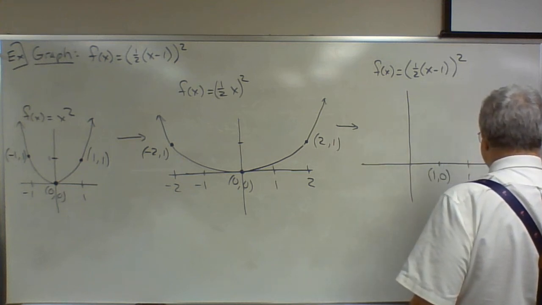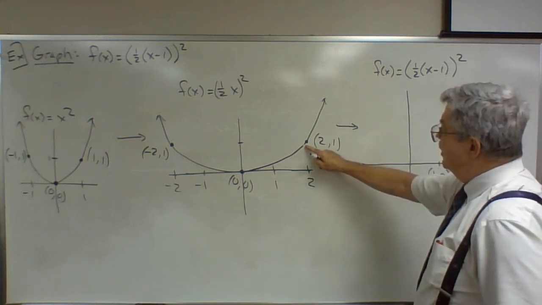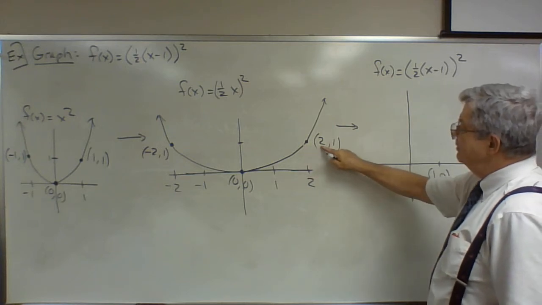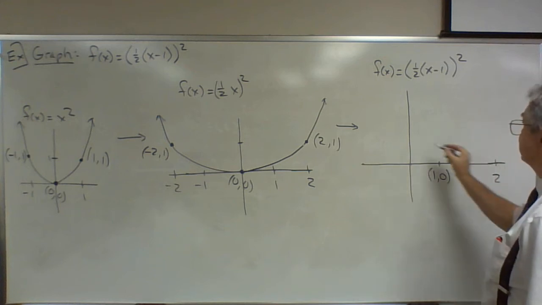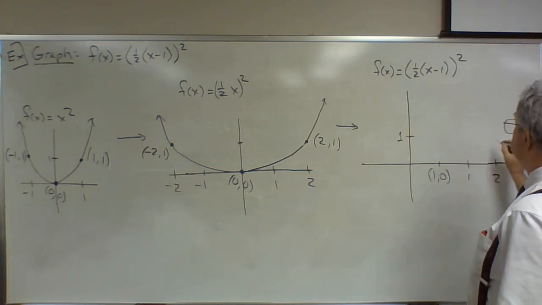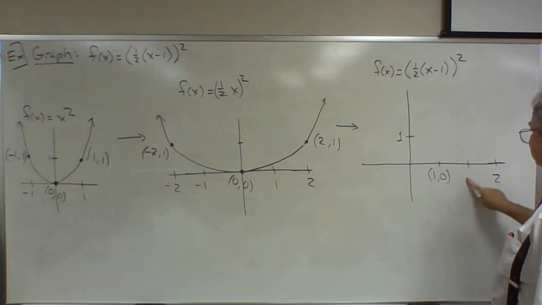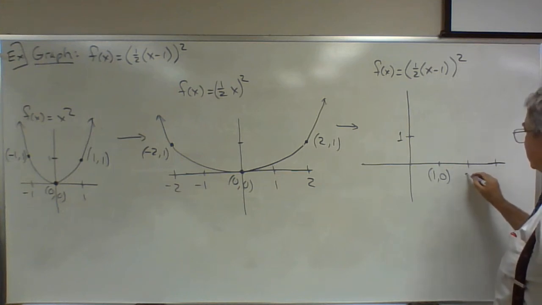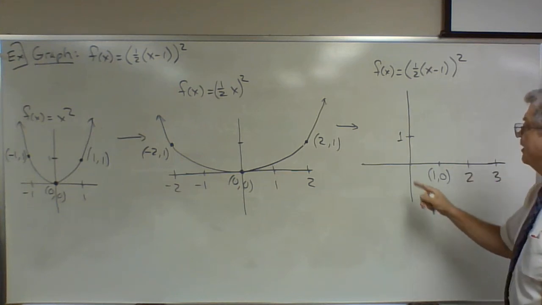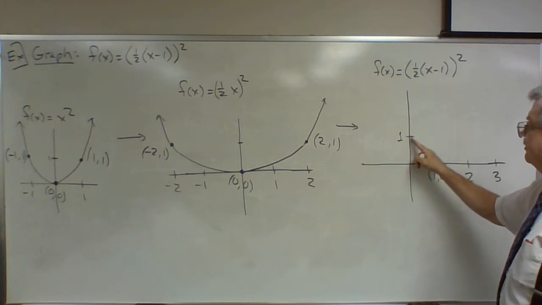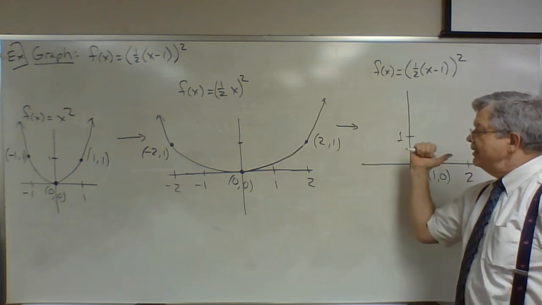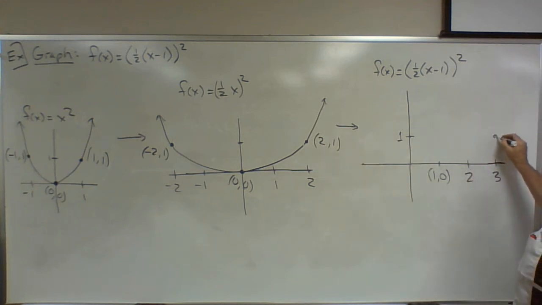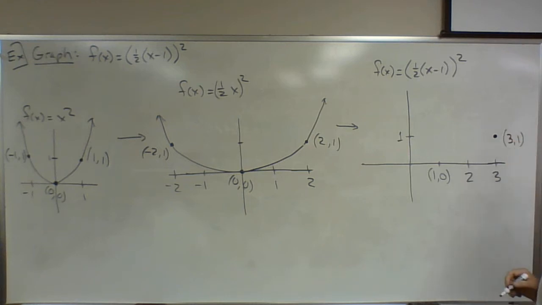This point that lies at x equal 2, y equal 1, we shift it 1 unit to the right. So it's now going to be, nice if I could count, wouldn't it? We take this point that's at x equal 2, we shift it 1 unit to the right. The corresponding point on this graph is x equal 3, y equal 1.